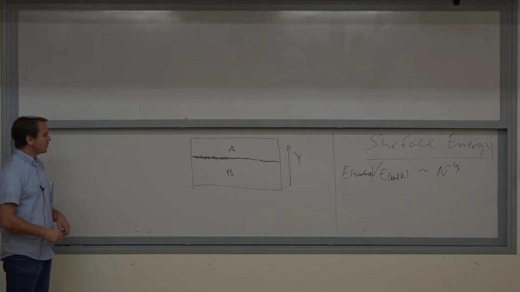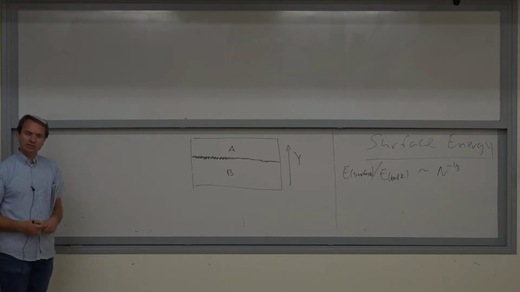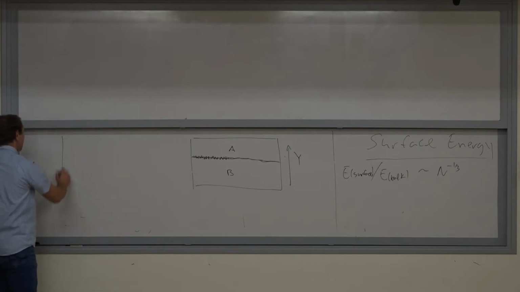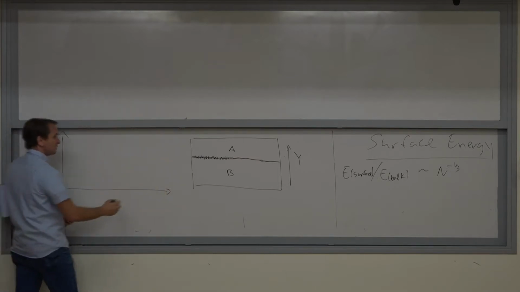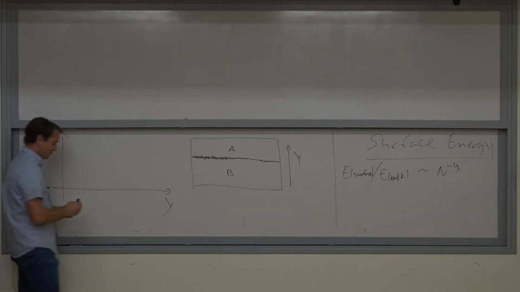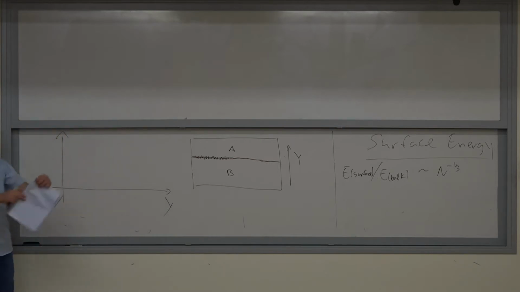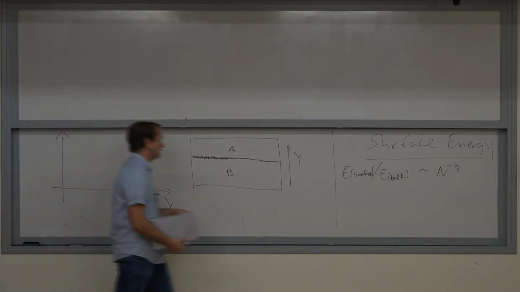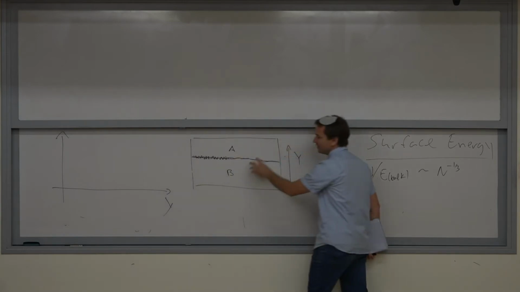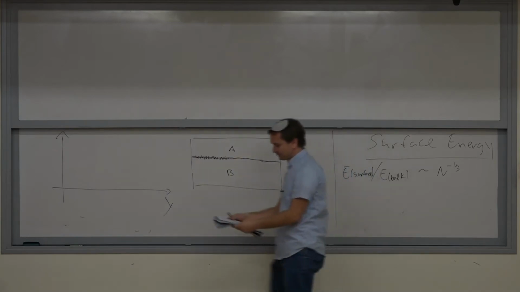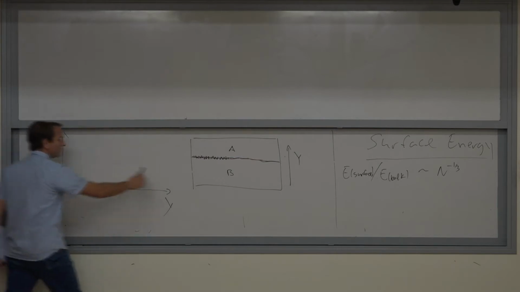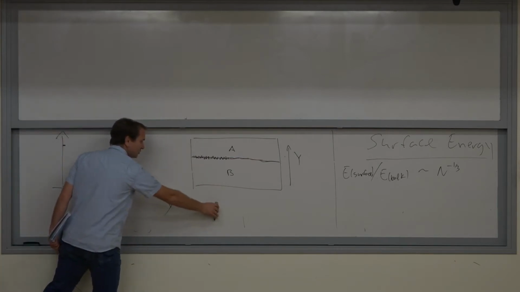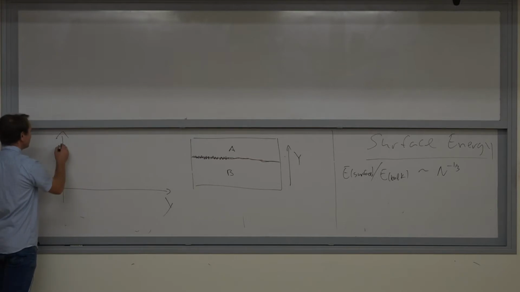So let's look at the concentration of the molecules at two different phases. This is my coordinate y. And I'm going, for example, from a phase where I have water to a phase where I have gas. So the concentration looks like this. Very deep inside the water, the concentration of the molecules is pretty high because it's water.